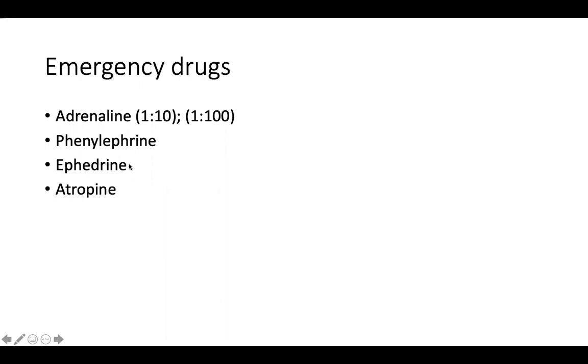For a spinal, the literature says 2/3 of all pregnant patients will develop hypotension as a result of a spinal. 2/3, which means if you have 10 patients in a day, 6 of those 10 patients will have hypotension. It's guaranteed. So for you not to have your emergency drugs ready means that you are being unsafe.